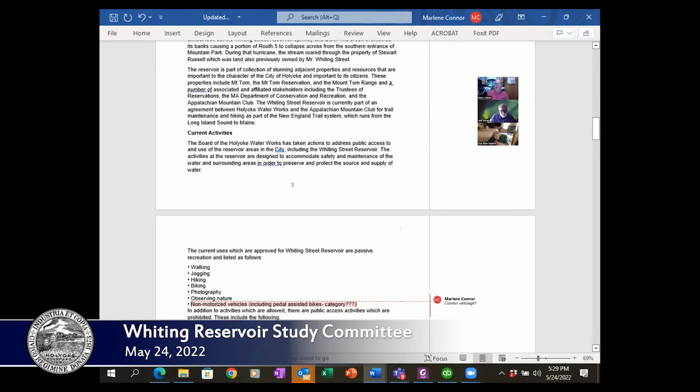The water department owns the reservoir. They're going to have to figure it out, but there are assisted and non-assisted bicycles. And somewhere on here, somebody said they could put a kiosk there for the Valley Bike. Yeah, that was in the recommendations.